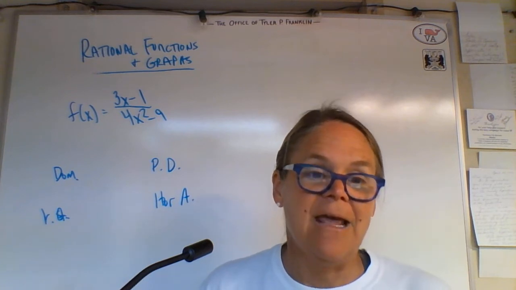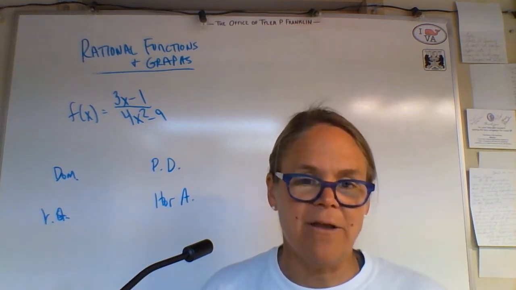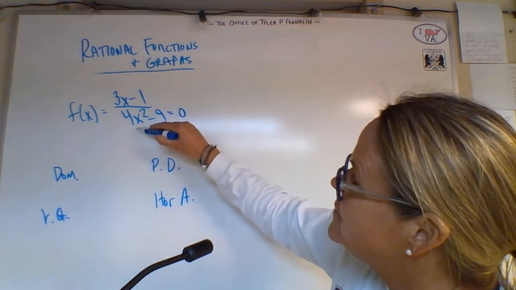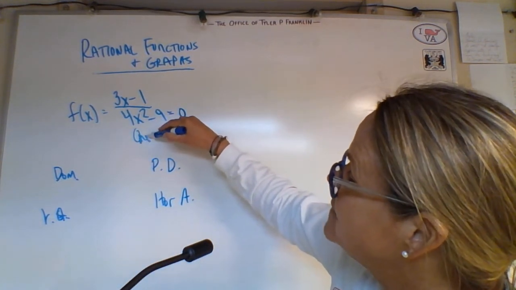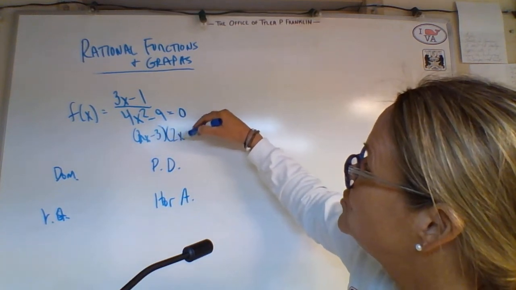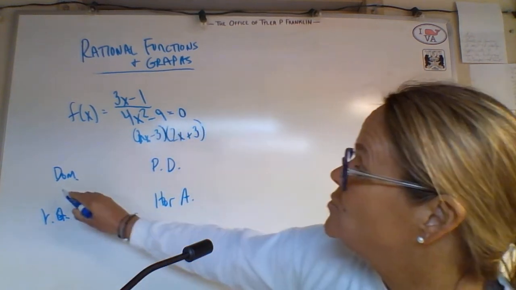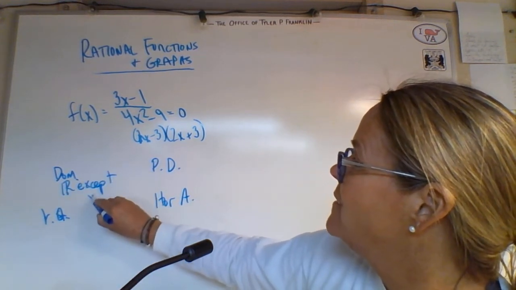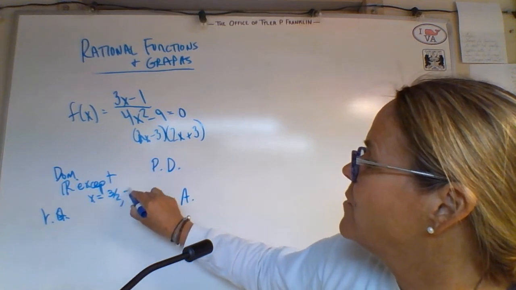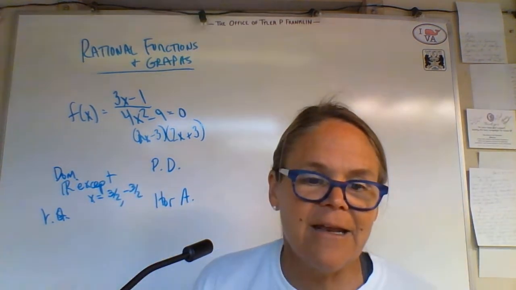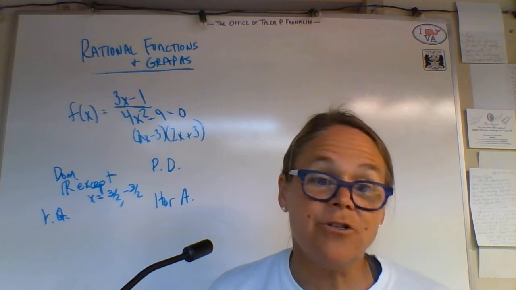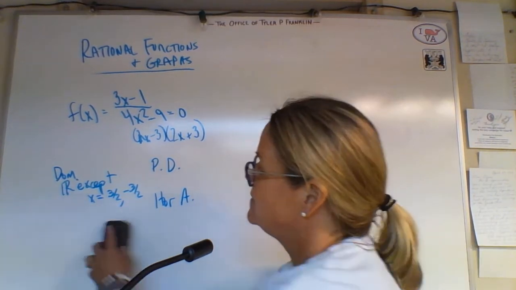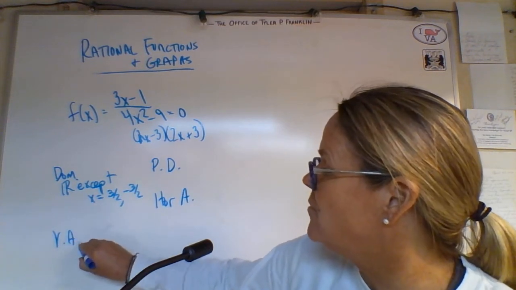So domain: everything except where the denominator equals 0. If I set that equal to 0, I could factor it, 2x minus 3, 2x plus 3. So it's going to be all real numbers except x equals 3 over 2, negative 3 over 2, or plus or minus 3 halves.